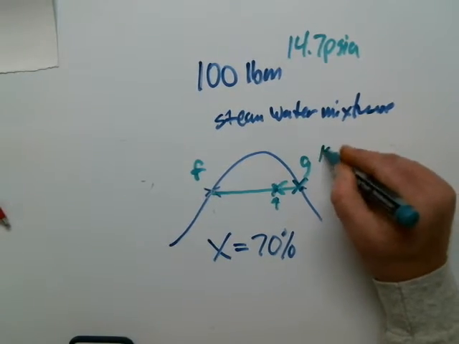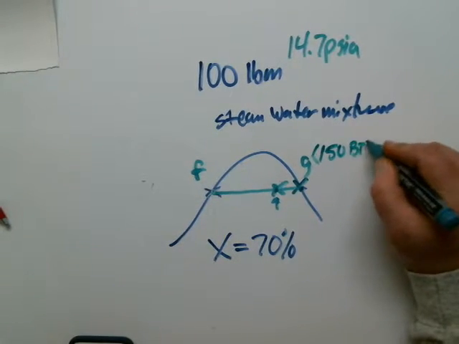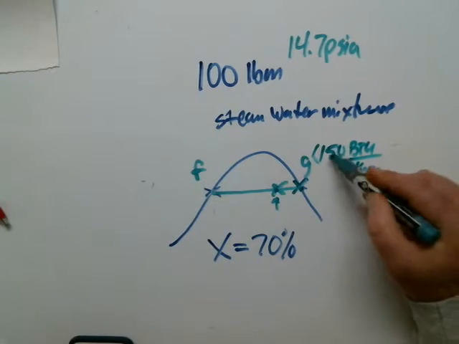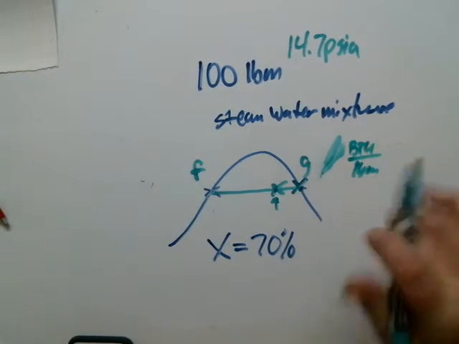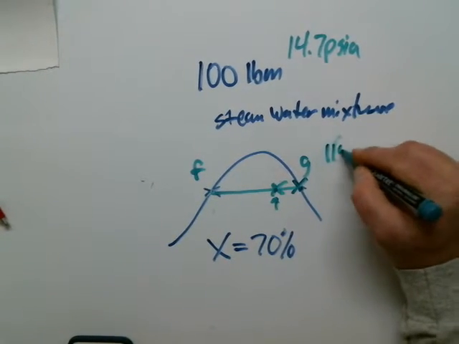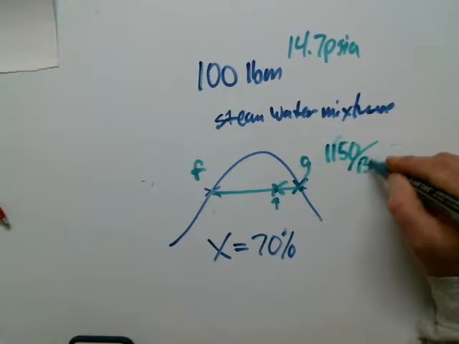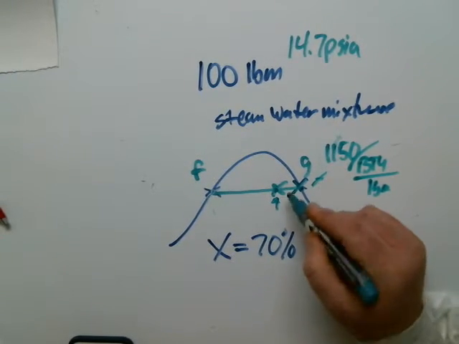So this would be the enthalpy if I turned all 1 pound mass to steam: 1150 BTUs per pound mass. If it were all steam, but it's not. I only have 70%.